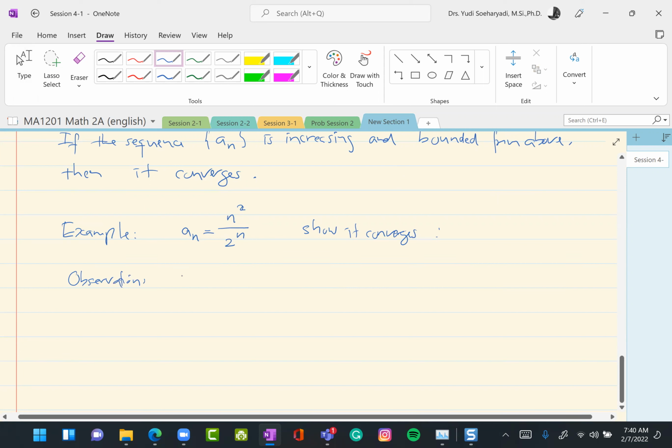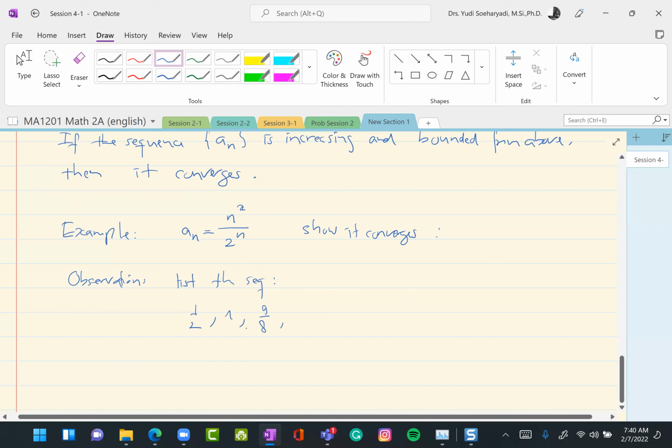Okay. So we try to list the terms of the sequence. So plug in 1, you have 1/2, right? n equals 2, you have 4 over 4, this is 1. Okay. And n equals 3, that is 9 over 8.